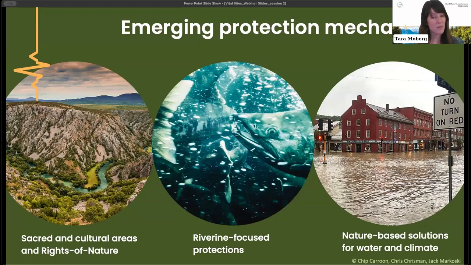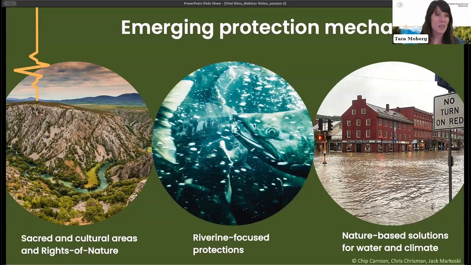Moving to riverine focused protections, these are mechanisms that are really focused on connectivity and the flow of the ecosystems, recognizing that really defines our riverine health. There are several examples included in the report. I'll call out one in particular from the U.S., the Wild and Scenic Rivers Act and the national system of wild and scenic rivers that it established.